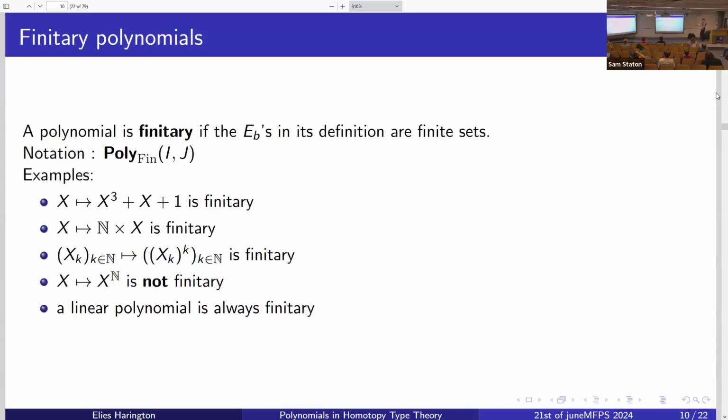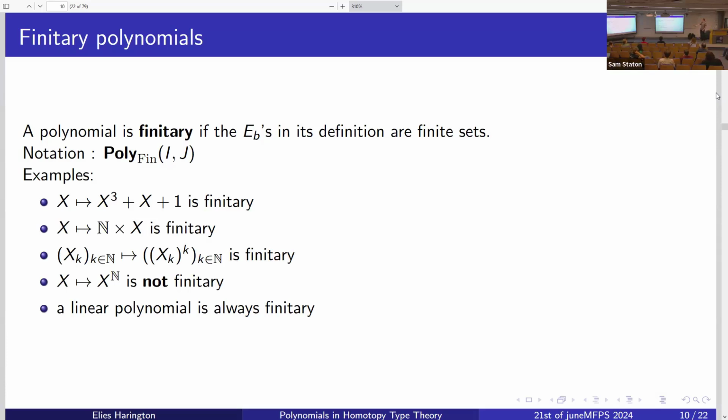Just to make sure that we're clear here, being finitary means that the exponents are finite. So this polynomial here is of course finitary. This one is also finitary because even though you have an infinite coefficient, this just represents an infinite sum indexed by the natural numbers. Here we have an infinite family of variables mapped to an infinite family of polynomials with unbounded coefficients, but this is still finitary because all the exponents themselves are finite.